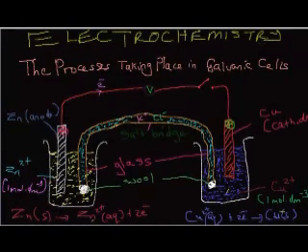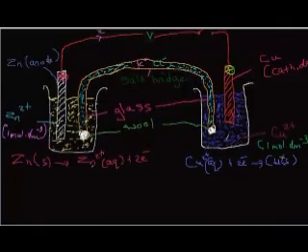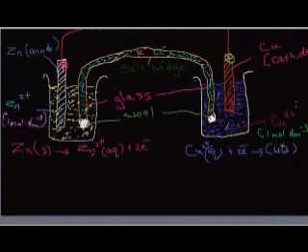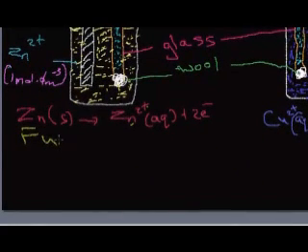The first function of our salt bridge itself is to act as an ion exchanger. That is the first function of our salt bridge. So let us look at the functions of our salt bridge.